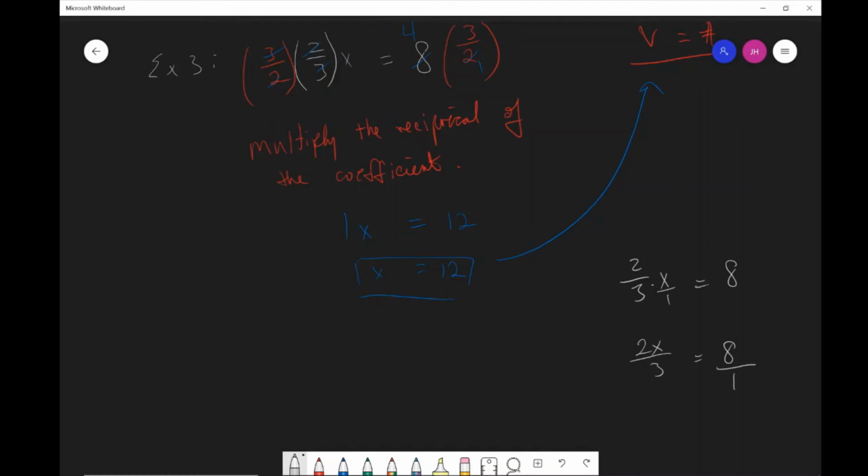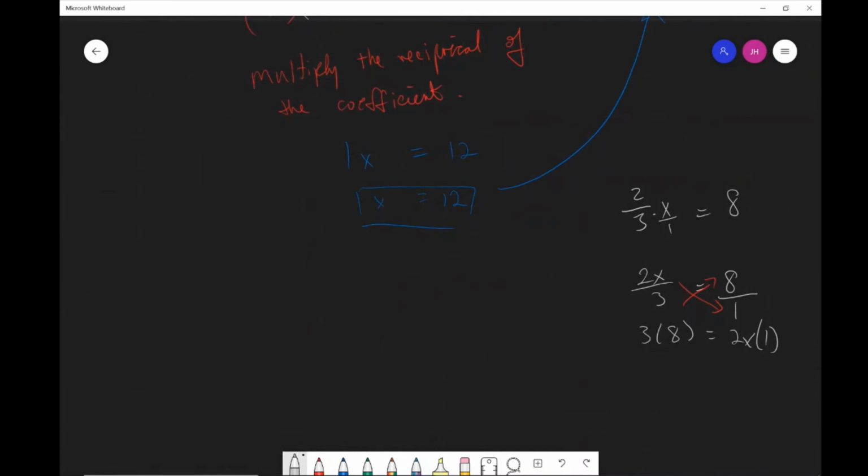Now what does that look like? Isn't that one of the problems we've been doing in solving proportions? Then what do you do in solving proportions? You cross multiply. Just follow the arrows for multiplication. That will become 3 times 8 equal to 2x times 1. 3 times 8 is 24, equal to 2x.